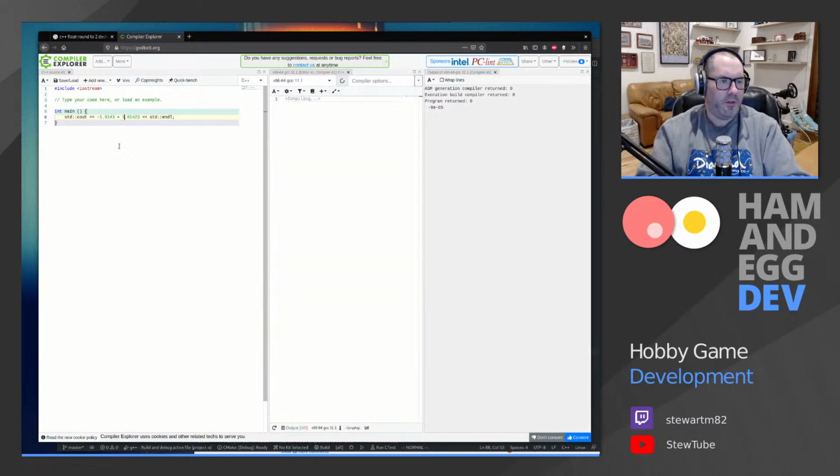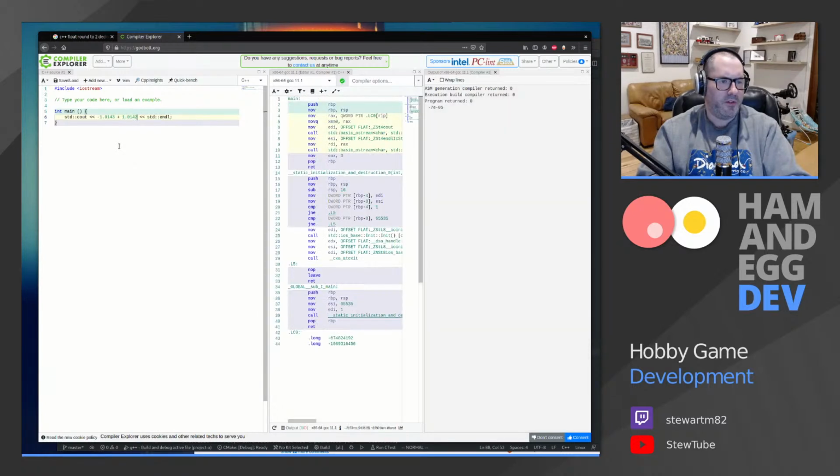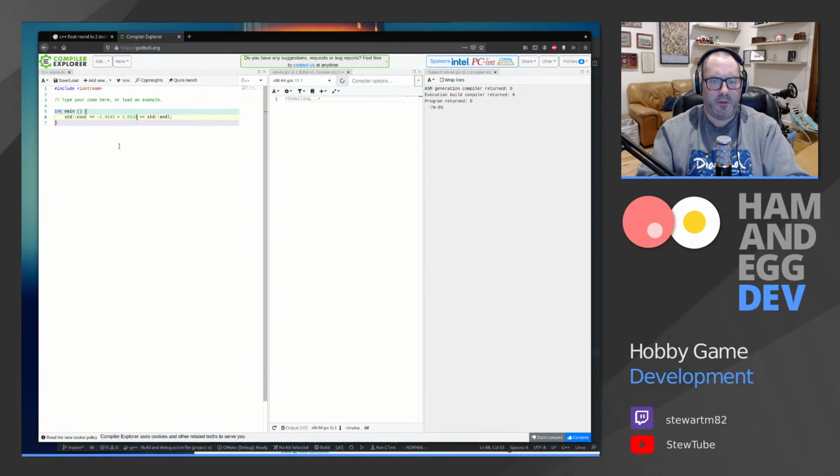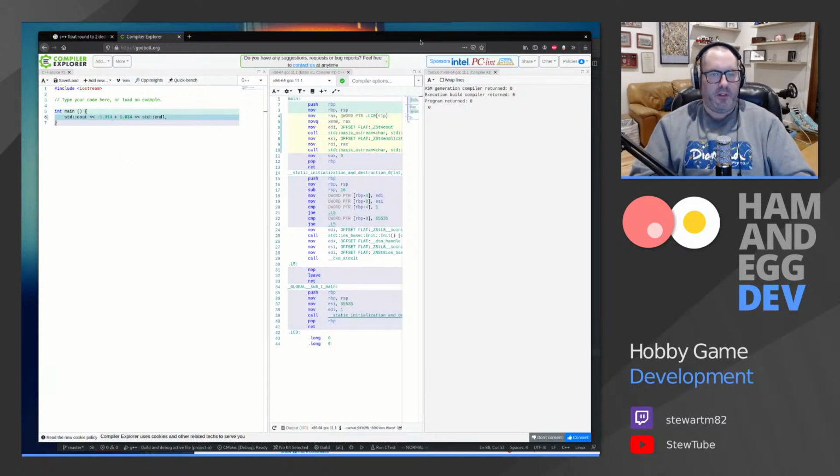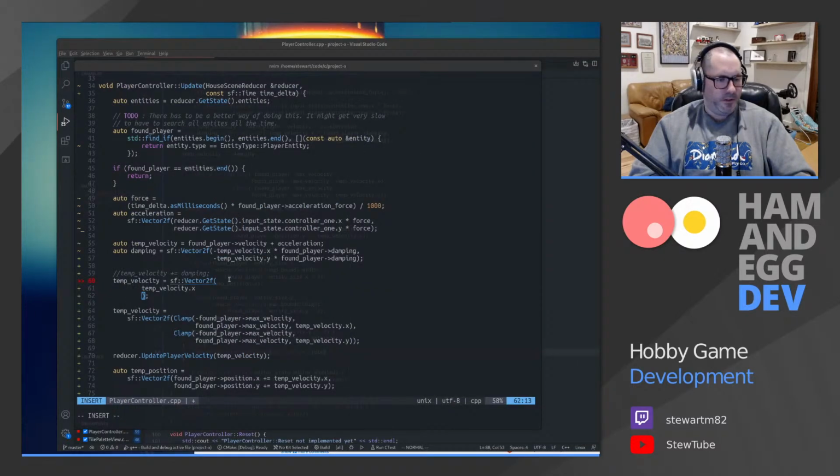Okay, so it looks like 4 decimal places is the limit. No, I'm still getting it. Okay, so let's try and round to 3 or 2. That seems to be a little bit more reliable. Yeah, okay.